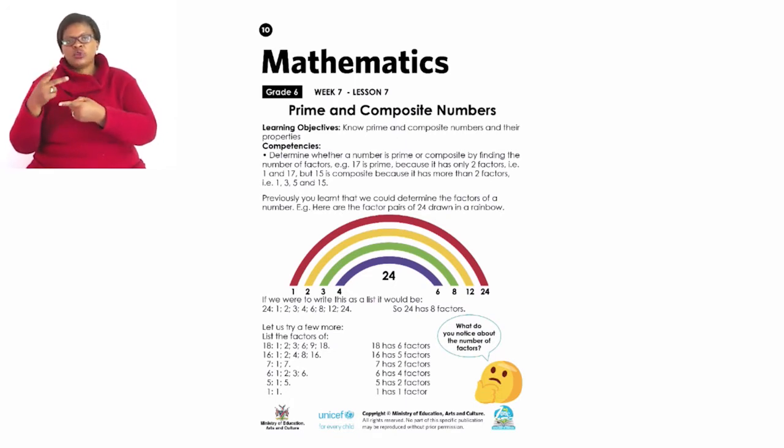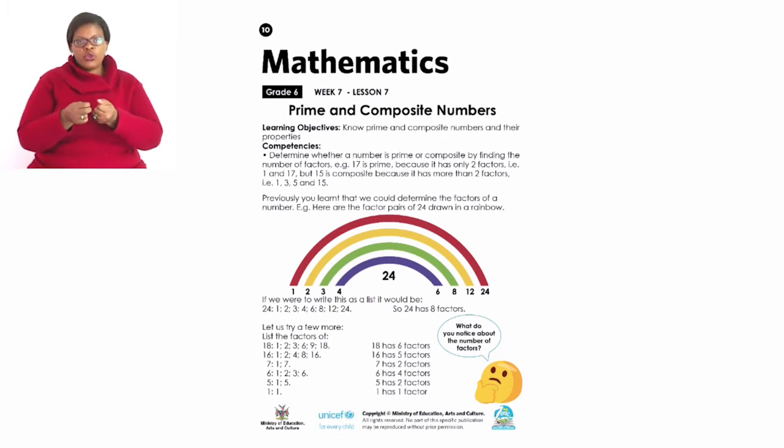You will also notice that both of them are in the red color of the rainbow. And if you take 1 multiplied by 24, it will also give you 24. The next factor pair is 2 and 12, and 2 times 12 will also give you 24.